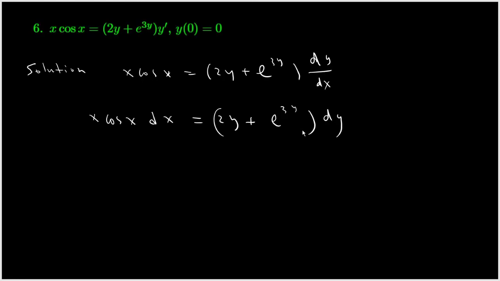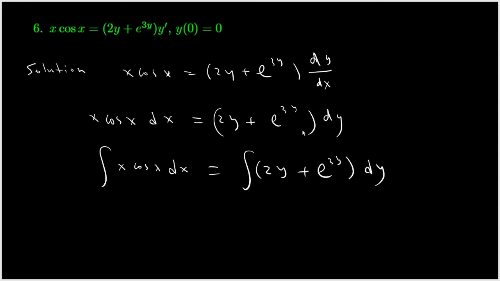Okay. You can write the next step. You want to integrate both sides of the equation. The integral of x times cos of x dx equals the integral of the right hand side, 2y plus e to the power of 3y, dy.